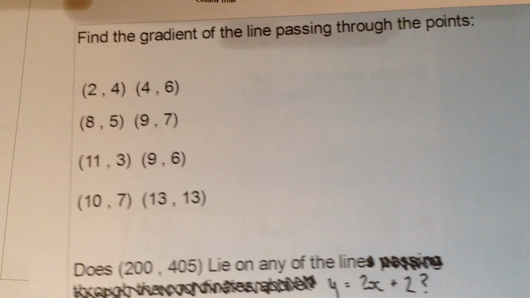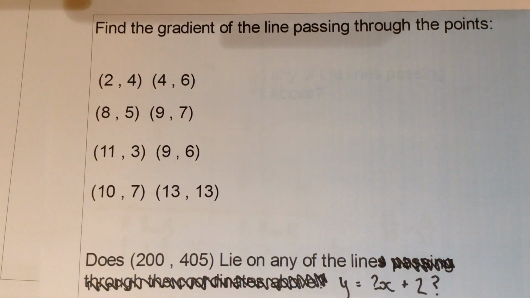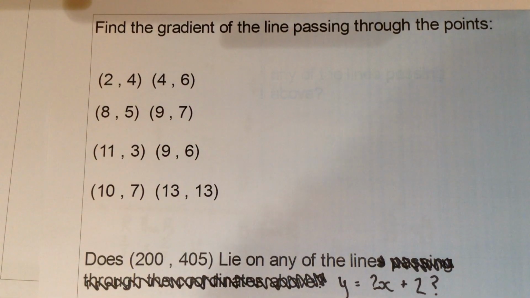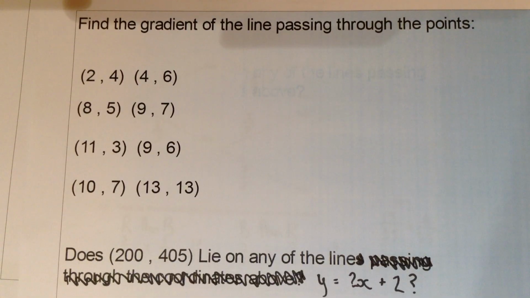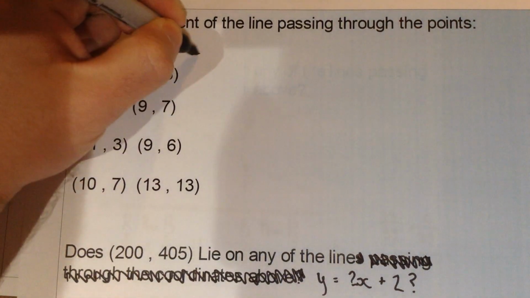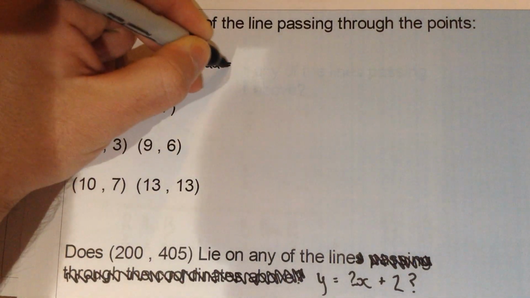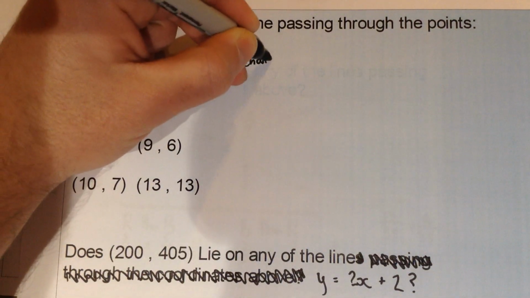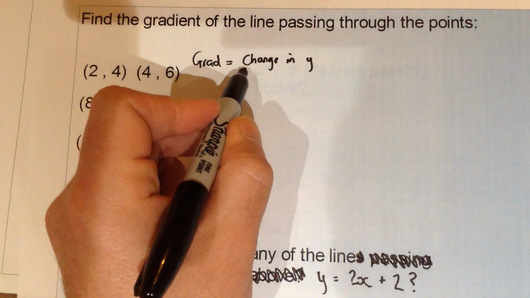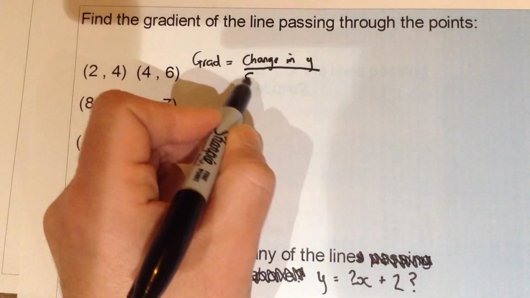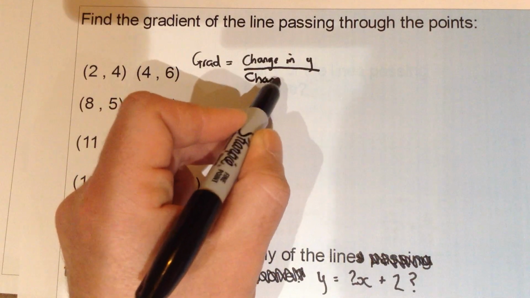The next question is all to find gradients given two coordinates. Well, the main thing that you need to remember about gradients is that the gradient is equal to the change in y, we'll come on to that in a second, divided by the change in x.